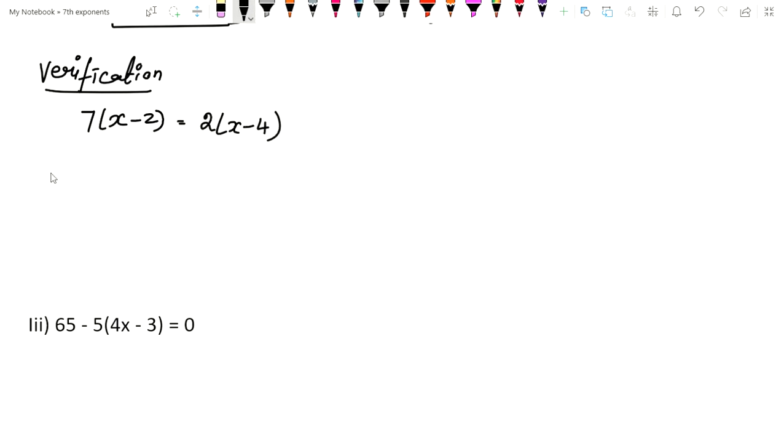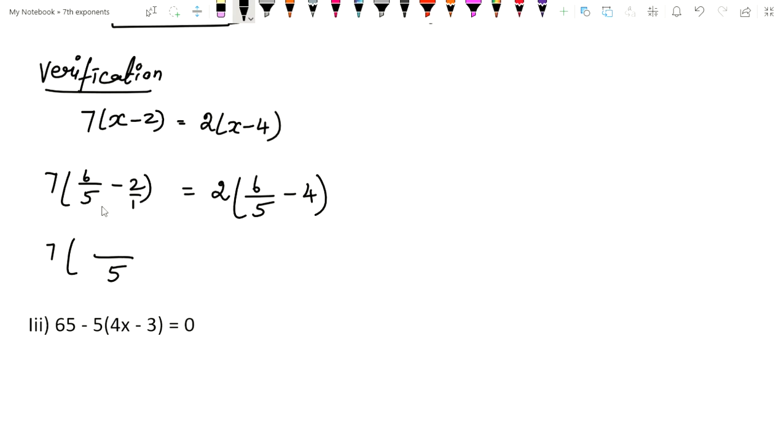Substitute the x value. 7 into 6 by 5 minus 2 equal to 2 into 6 by 5 minus 4. Now take LCM here. 7, the denominator is 1, so 5 is the LCM. Write the numerator as it is. Here denominator is 1, so we need to multiply with 5.